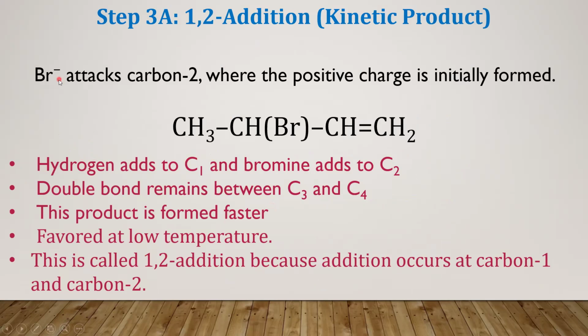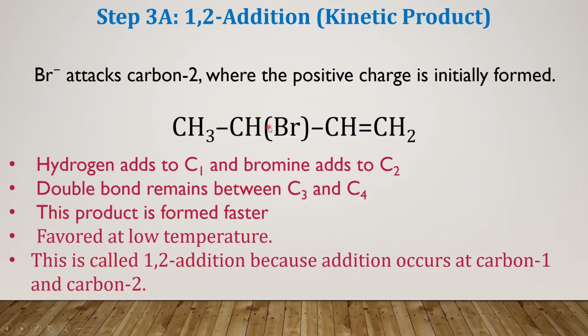Now Br minus will attack carbon 2, where we have the positive charge. First, hydrogen adds to C1, and now bromine adds to the C2 carbon, so that the product is formed.